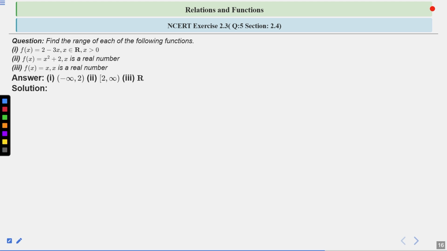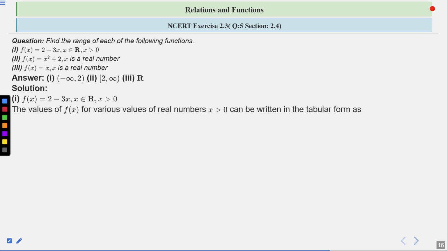So, the solution. How are we getting our range? Quite simple. f(x) is equal to 2 minus 3x, already given to us, and we are told that x must be a positive real number. Now the value of f(x) for various positive real values can be written in tabular form.